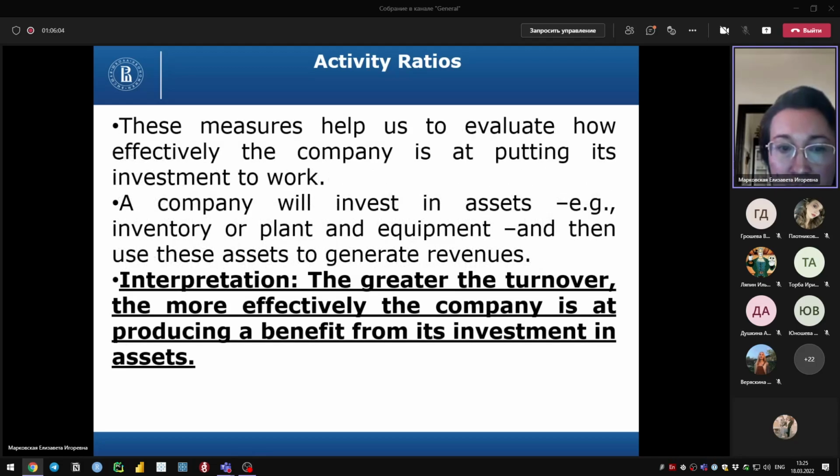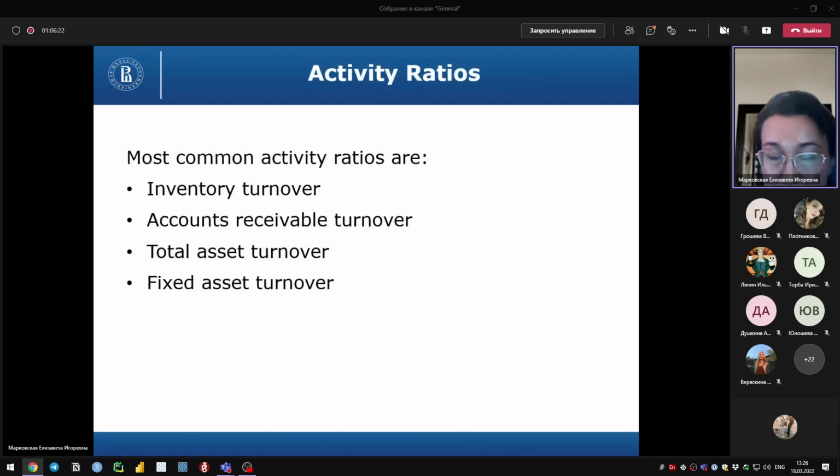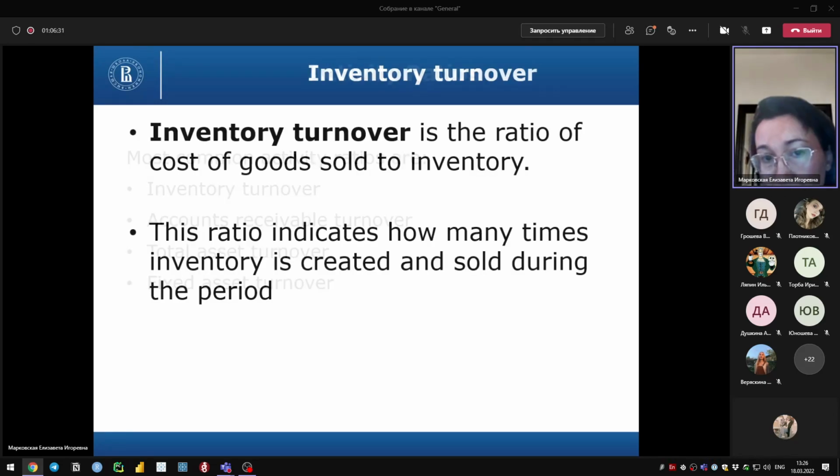And we can analyze them, and we can get the following interpretation. The greater the turnover ratio, the more effectively the company is at producing a benefit from its investment in assets. We can calculate the following activity ratios: inventory turnover, accounts receivable turnover, total assets turnover, fixed asset turnover.